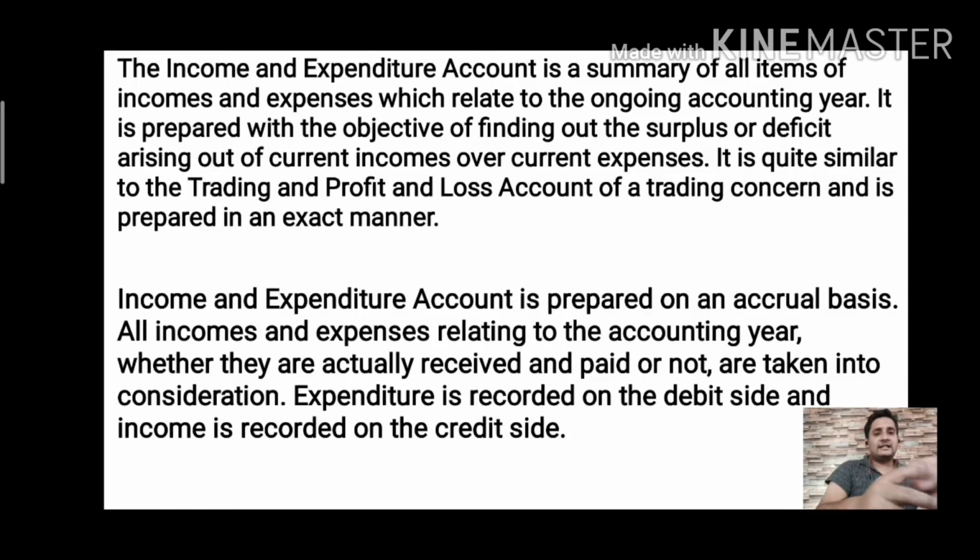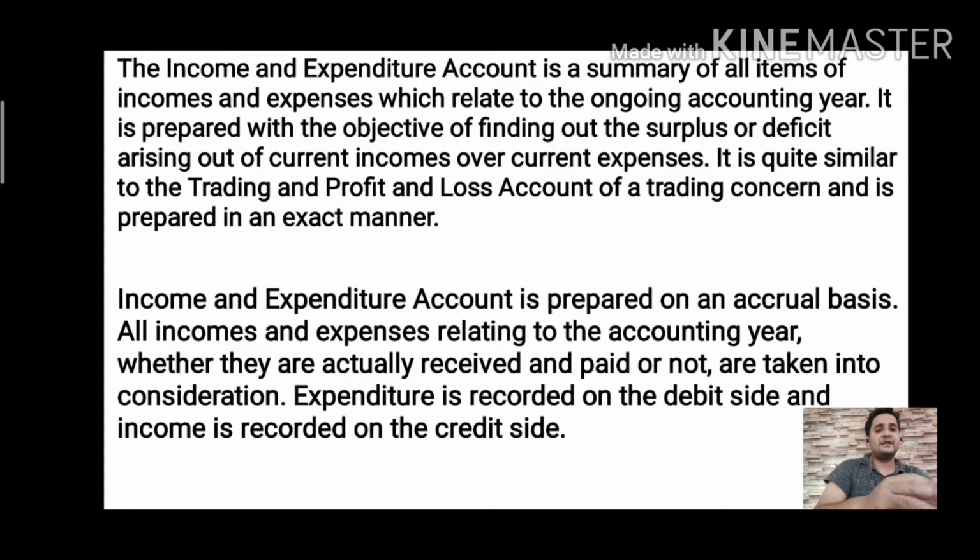So basically, income and expenditure is the same as profit and loss account. It is quite similar to the trading and profit and loss account, because income and expenditure is a summary of income and expenditure. All the items related to income and all the items related to expenditure are recorded while preparing the income and expenditure account.